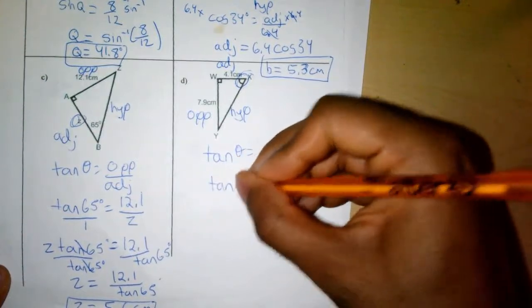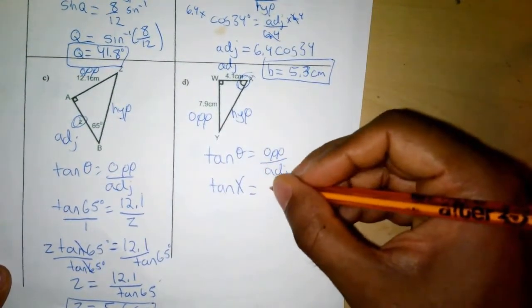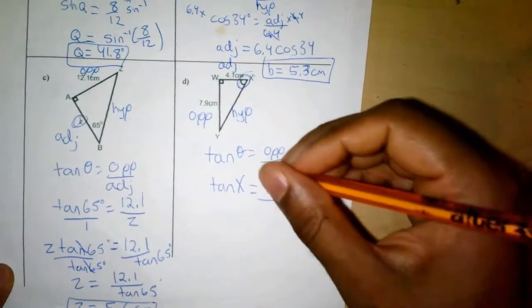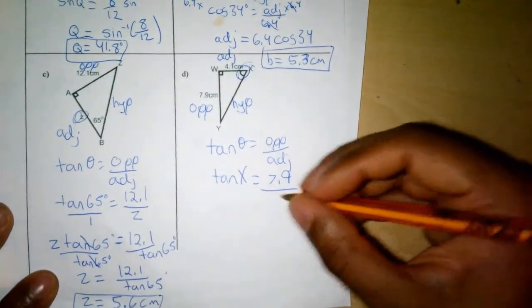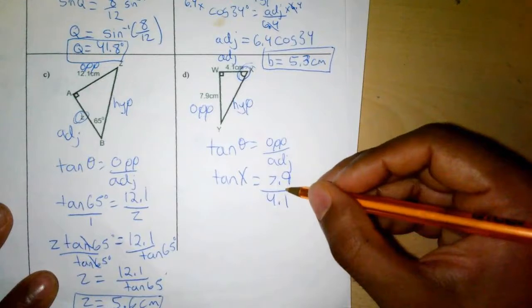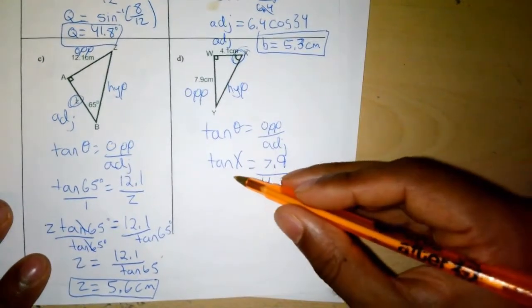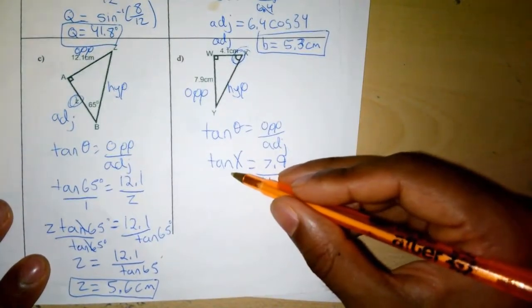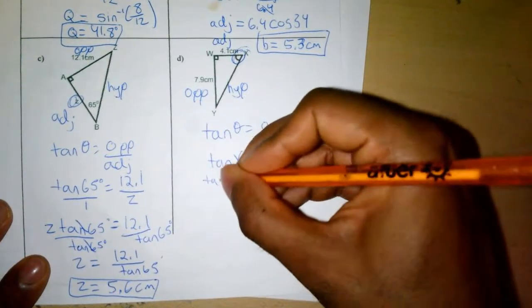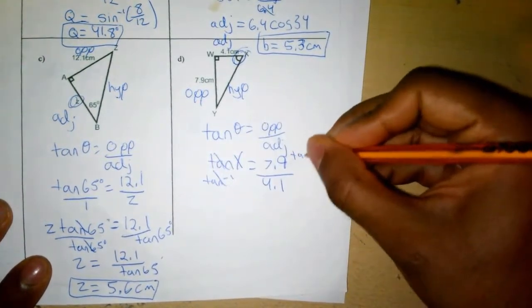Let's just plug it in now. So tan x, angle x, is equal to 7.9 over, sorry, 4.1. And we need to isolate this x by itself. To get rid of this tan on the x, you have to do arctan. So tan inverse cancels out, and we just do arctan on this side.